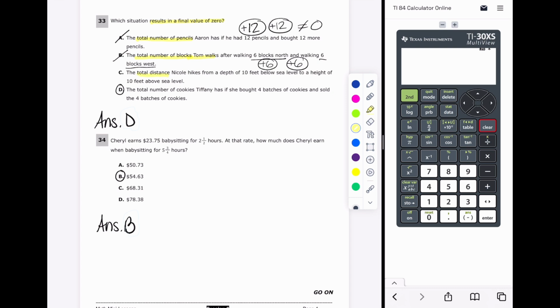Let's look at the next one. The total distance that's hiked from the depth of 10 feet below sea level to 10 feet above sea level. Again, I'm talking about distance though. I'm going to draw this out. Actually, I should draw it vertically.